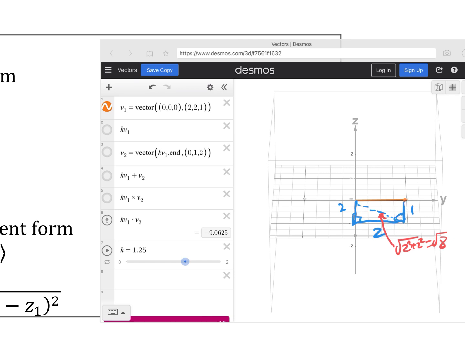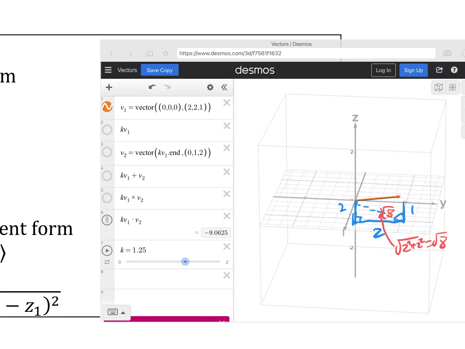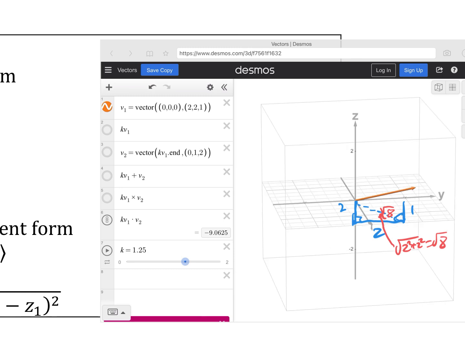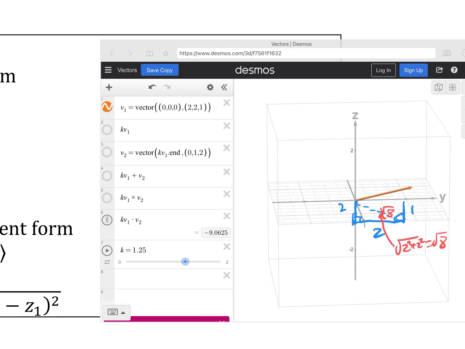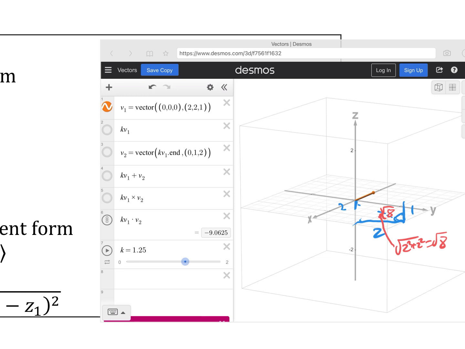So let's find the length of that vector that's drawn in. Remember, this is in three-dimensional space, so you've got kind of a view issue going on there. Let me try drawing this a little differently real quickly. That might help. Let's get a different view.